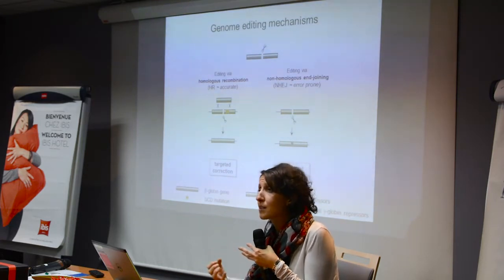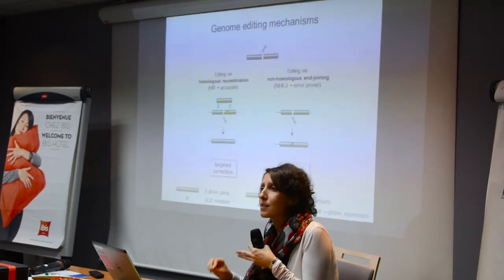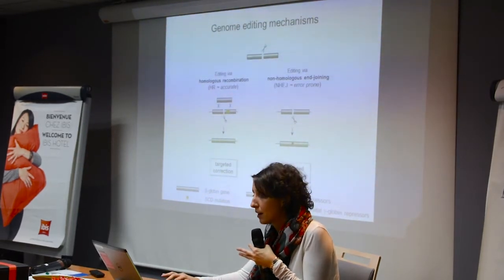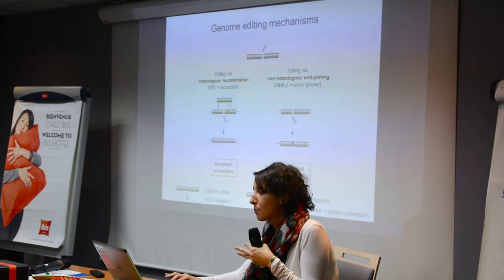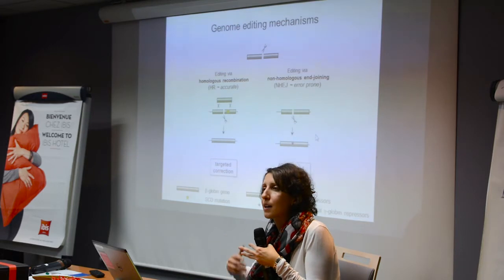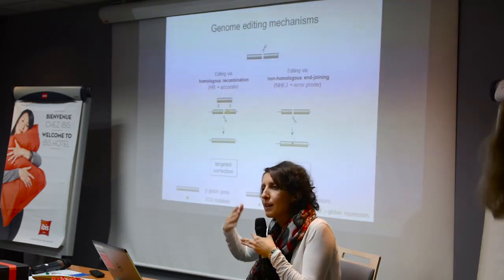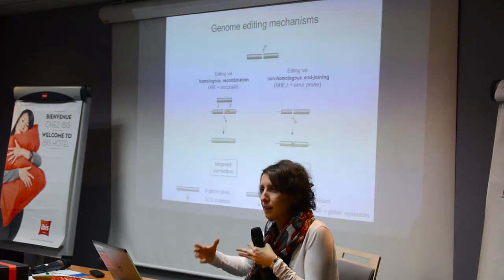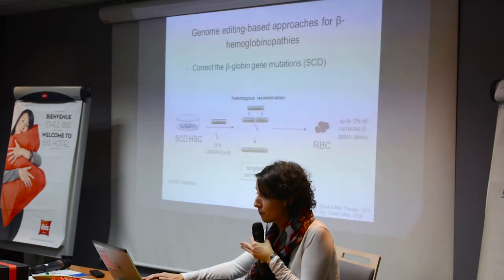But the repair is not precise, so the gene is completely inactivated, and this would lead to disruption of this gene. And if you think about this target gene, such as a repressor of fetal gamma globin, in this way we inactivate a repressor of fetal gamma globin, and so we reactivate fetal gamma globin.